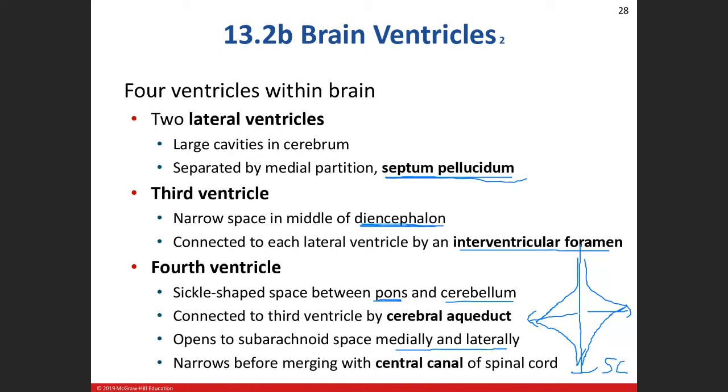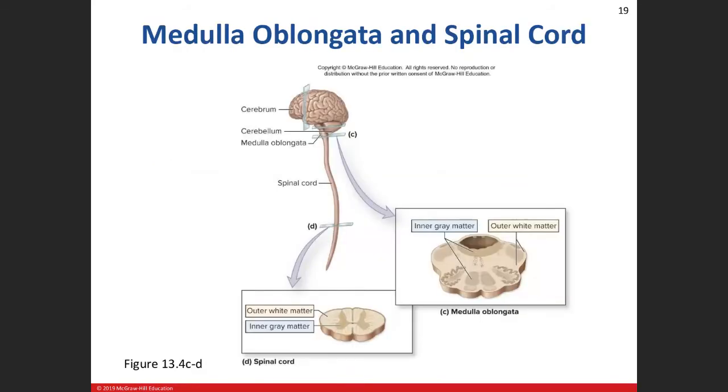The spinal cord has, in its center, it's tough to see, but if you look, there's a little hole right there. It's called the central canal, and that's where your cerebral spinal fluid will drain down.